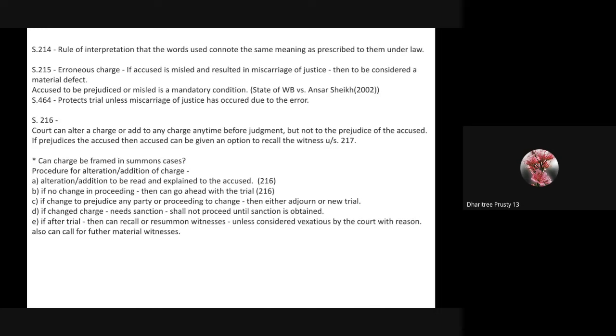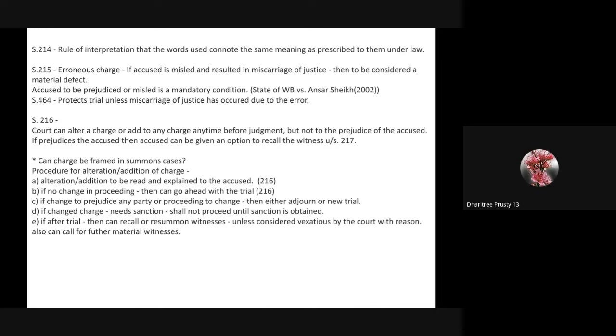Section 216 talks about whether the court can alter any charge, and it says that the court can alter a charge or add to any charge any time before judgment. Any time before judgment means the question can come whether an appellate court can alter a charge. This question I put to you again.